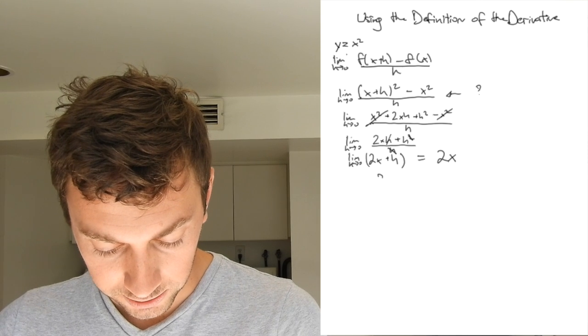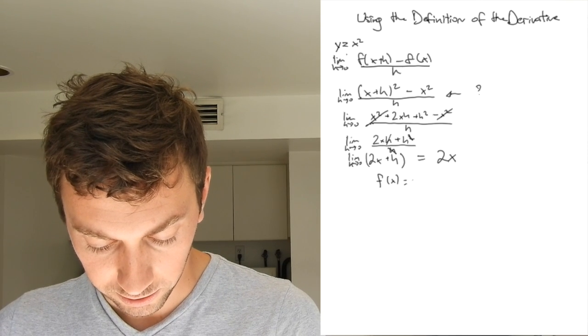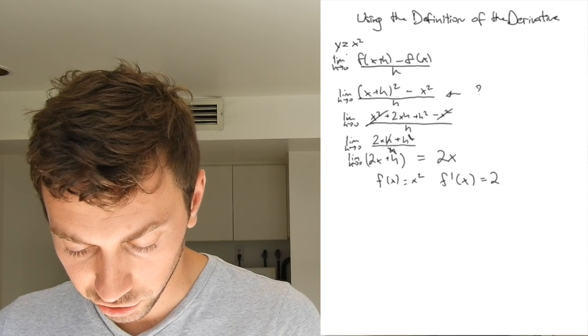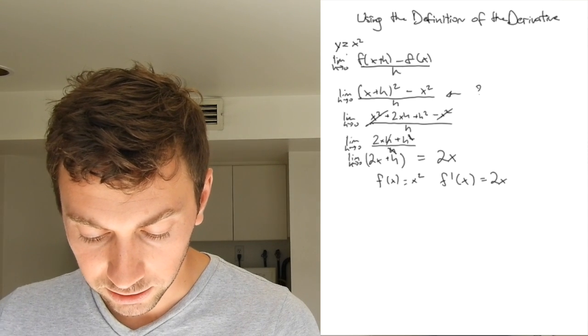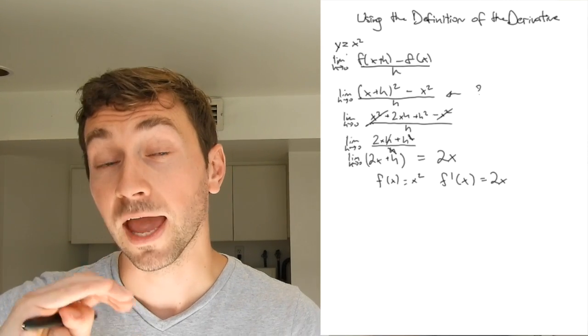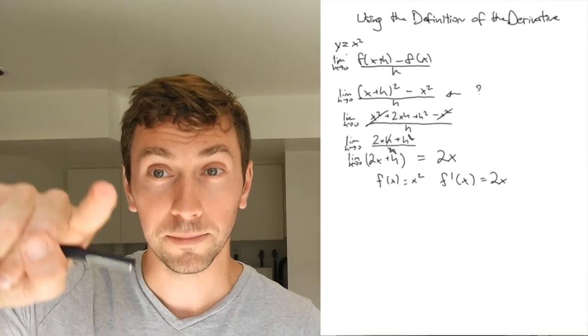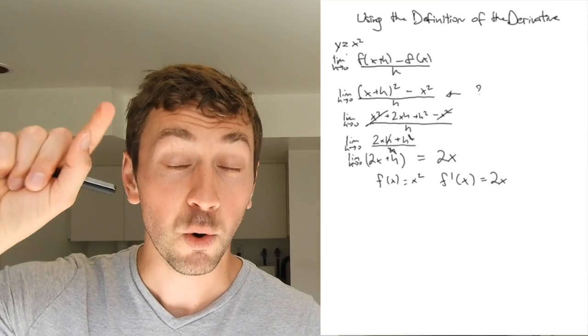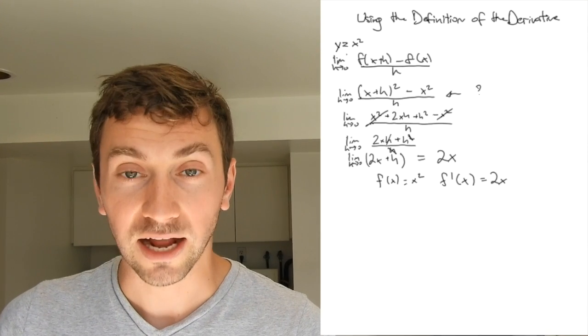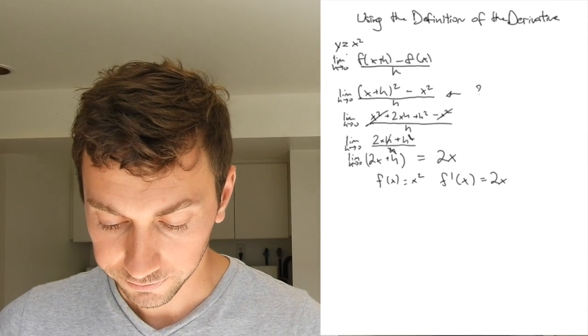So we write this: f of x is x squared, and f prime, the derivative, is 2x. Remember, the derivative tells me the slope at any point. So along the parabola x squared, if there's any point where I want to know the slope, it's 2x.